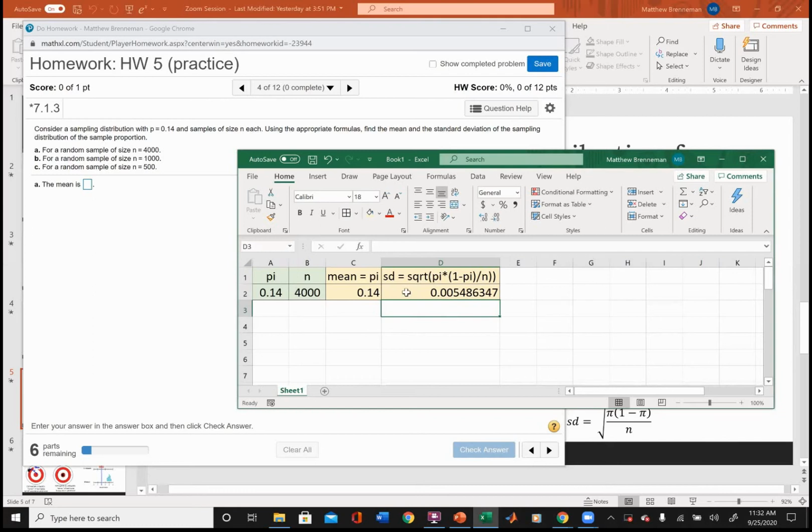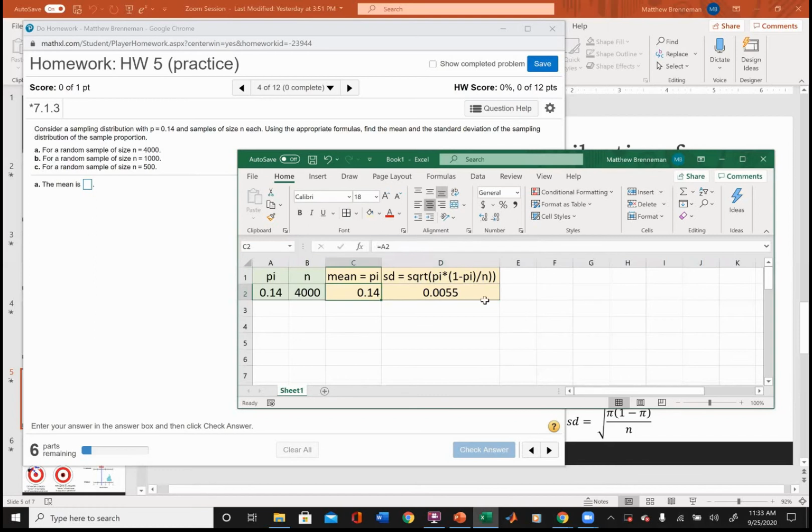Okay. One of the things I love about Excel is you can format your answers to whatever number of decimal places you want. So if you look in the top menu, right in the middle, you'll see something called numbers. And most likely they're going to ask for 4 decimal places. So Excel can automatically round it off, which means you won't make rounding errors on the exam.